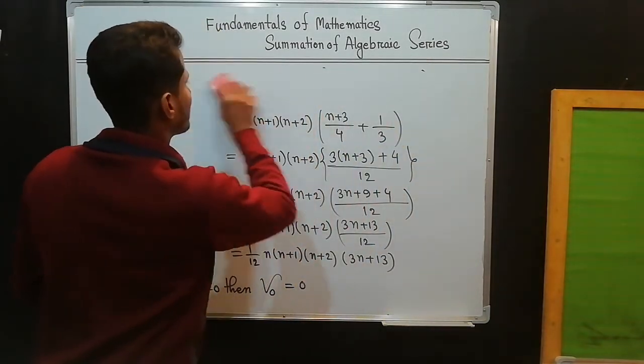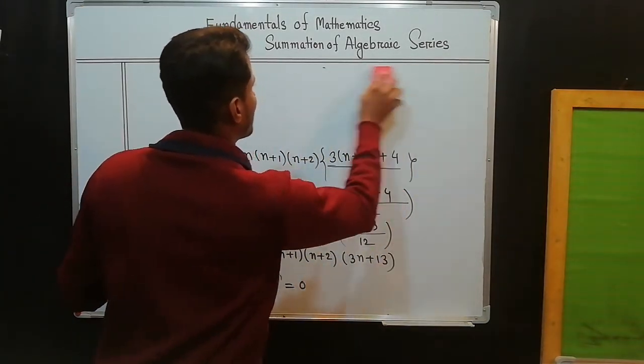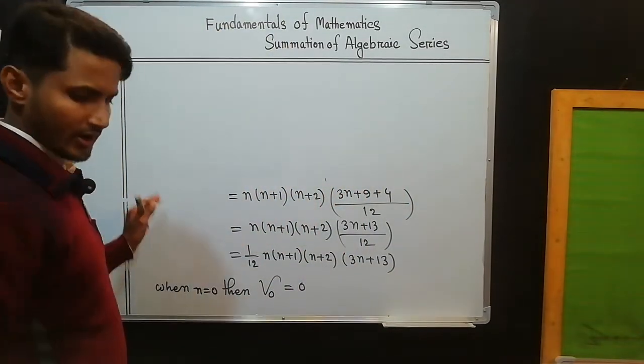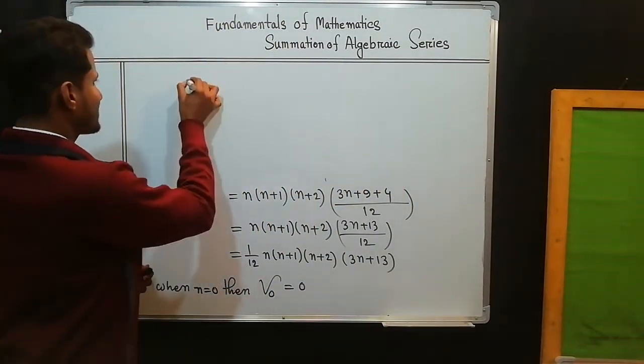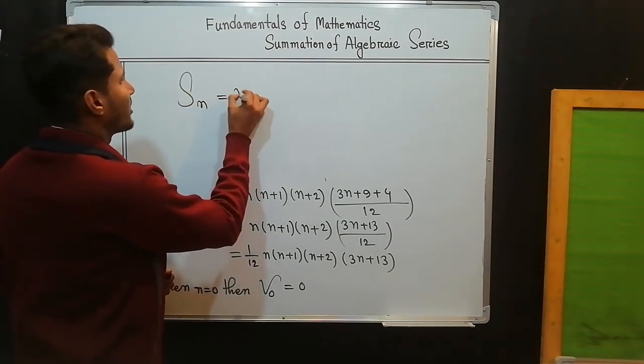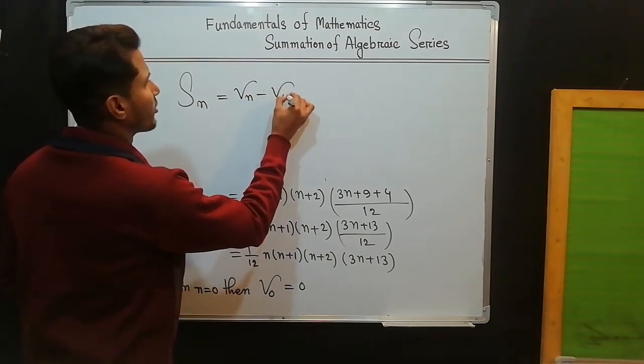Finally, we evaluate this value: Sn equals Vn minus V0.